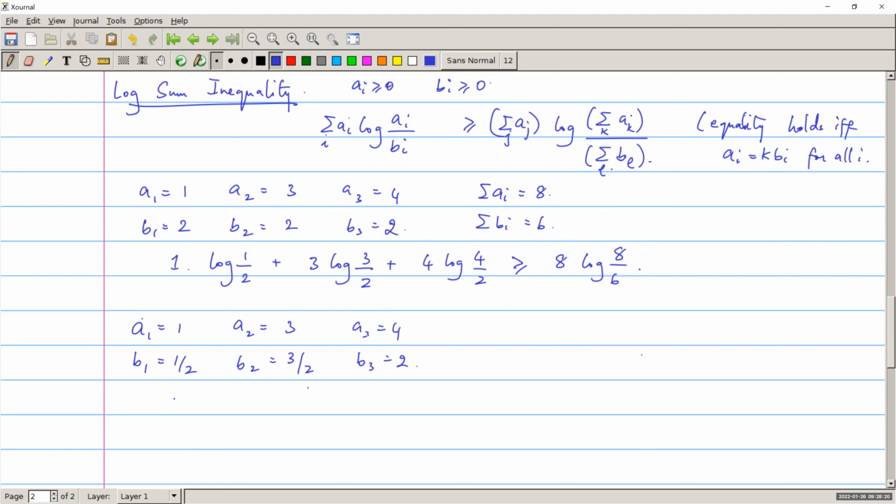Every term of the summation on the left is going to be the same, each log term will be log 2, and the total will be 8 log 2.